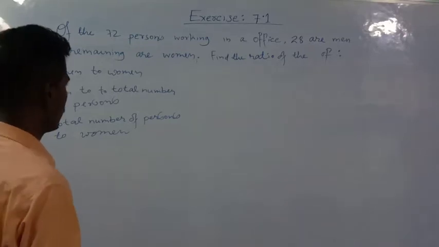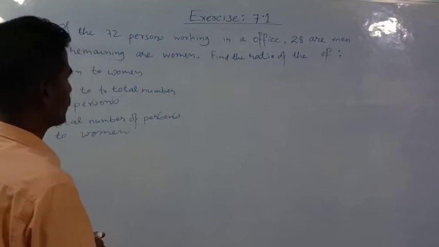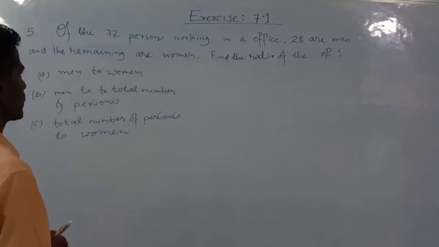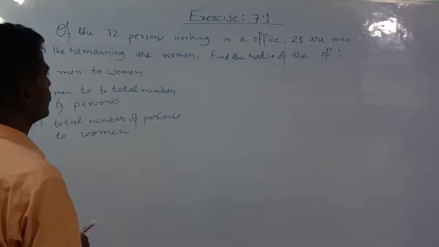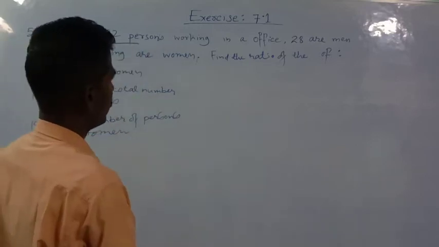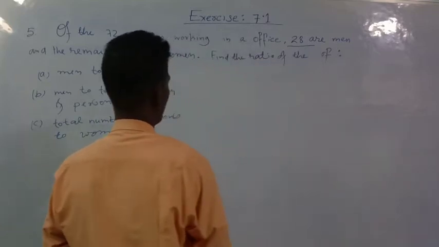So see here what is given: the total number of persons is given, 72. Let us observe first. Of the 72 persons, that means the total number of persons is 72, 28 are men and the remaining are women. Men given 28, women not given.